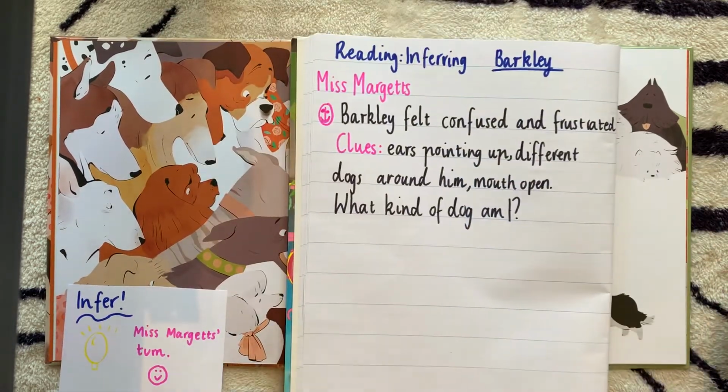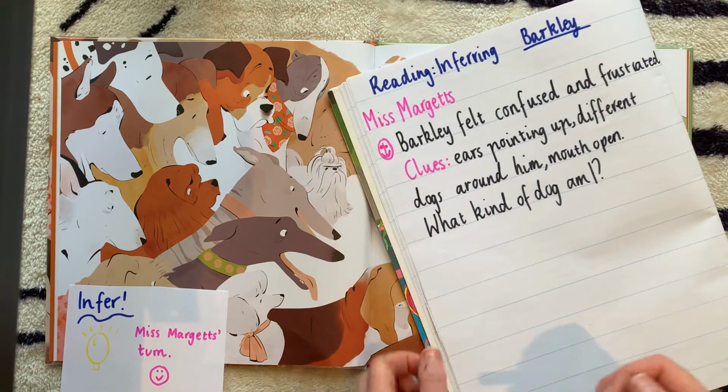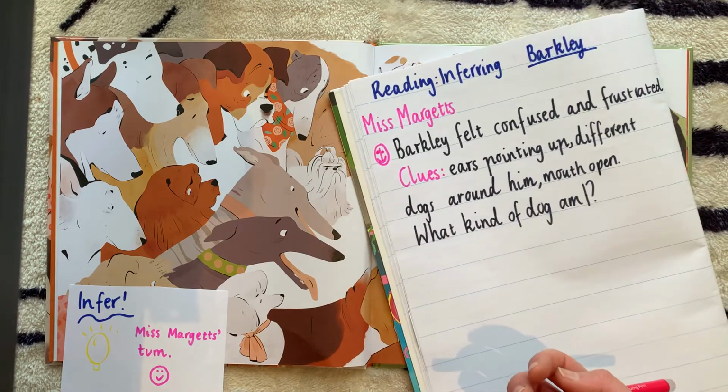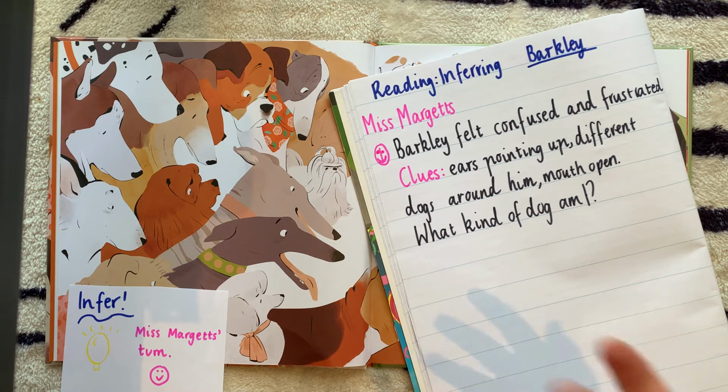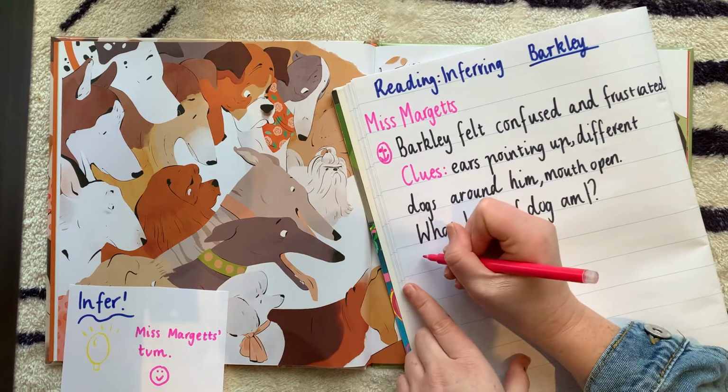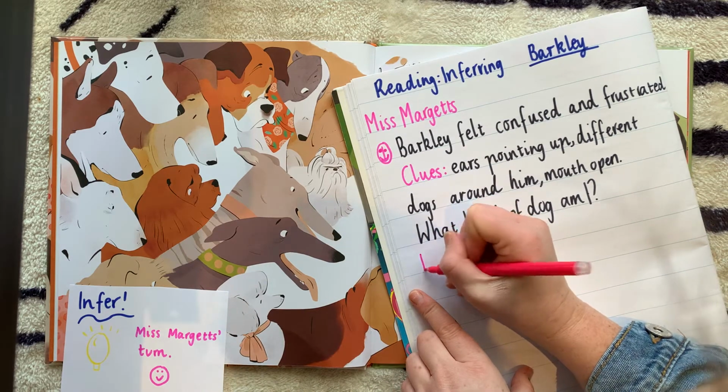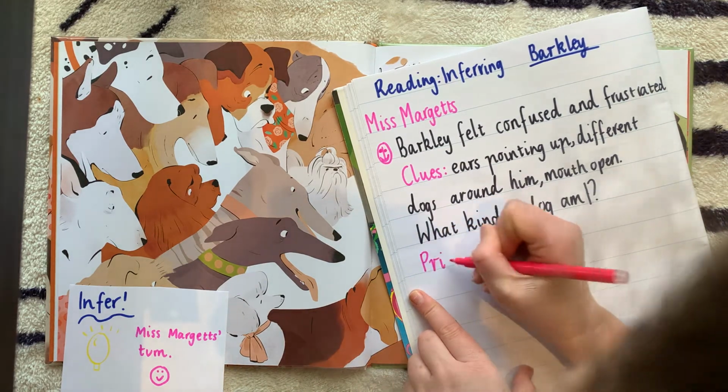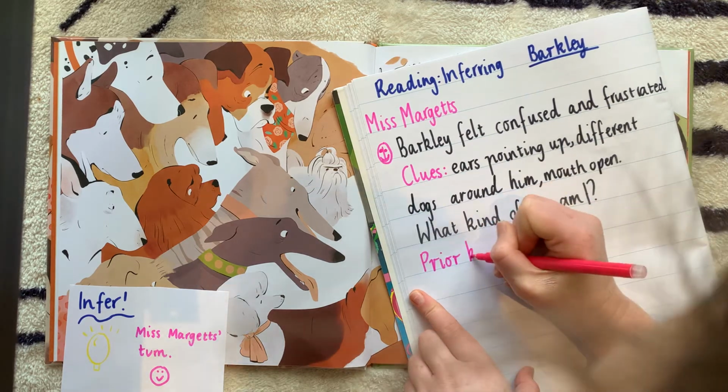Remember that was my smart guess. Now I might talk about my prior knowledge. Sometimes our prior knowledge won't help us. Sometimes we don't get any information from our prior knowledge. But this time, I did actually have some prior knowledge. So I'll write the words prior knowledge.